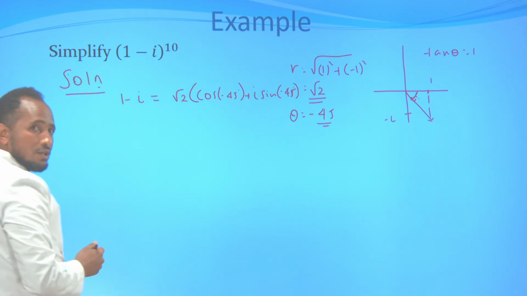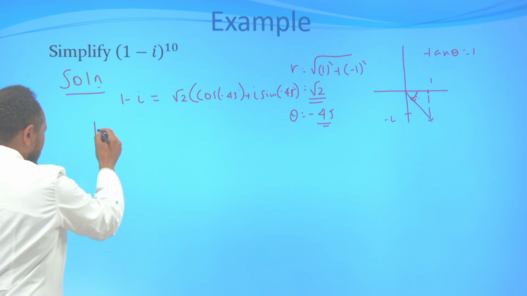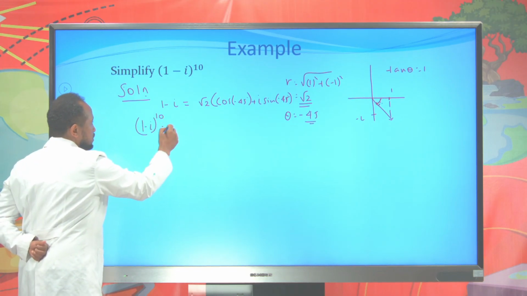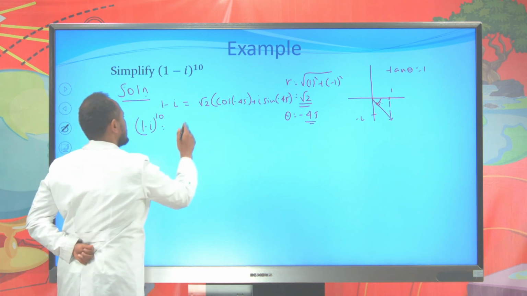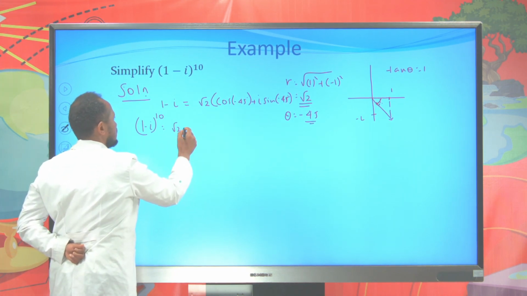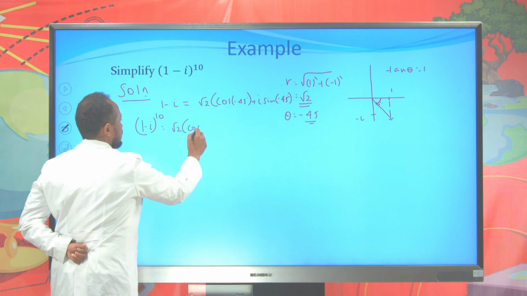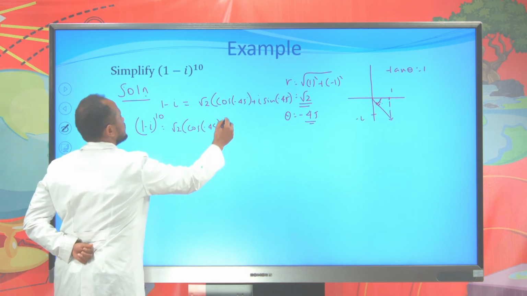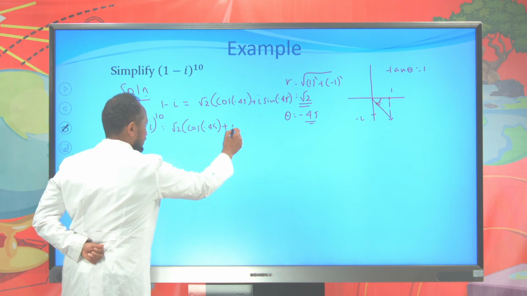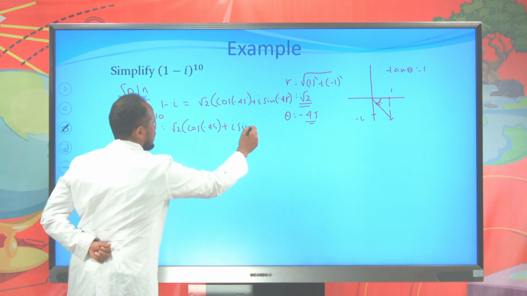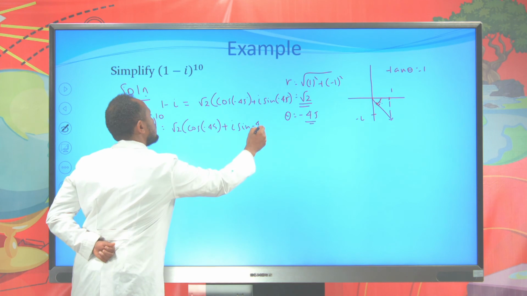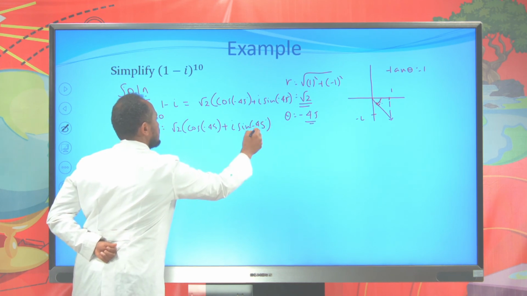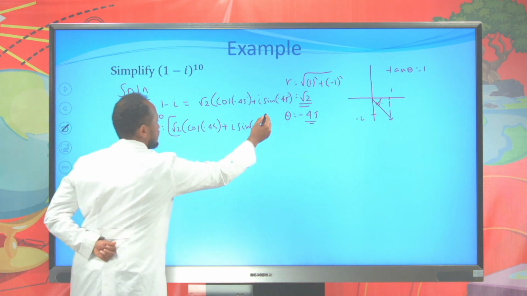We are asked to find 1 minus i to the power of 10. So this equals root 2 times cosine of negative 45 degrees plus i sine of negative 45 degrees, all to the power of 10.